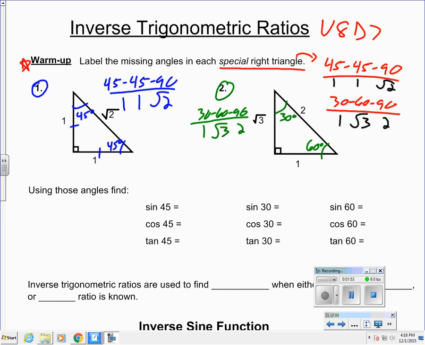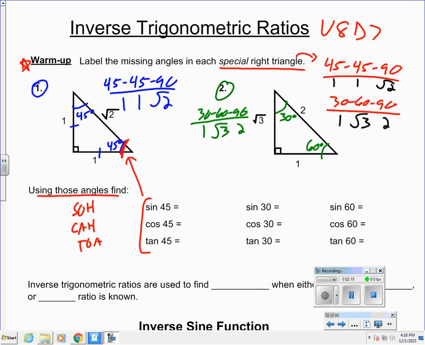So using these angles and special right triangles, we can actually find sine, cosine, tangent for all three of these angles using what we did yesterday, SOHCAHTOA. So for this first row, sine 45, I'll look at a 45-degree angle in this first triangle.